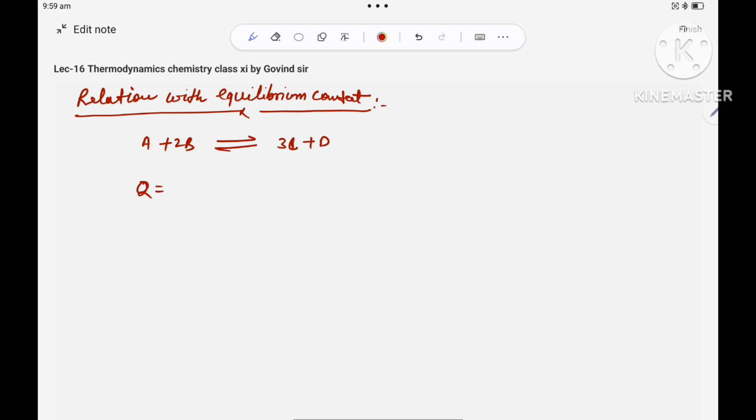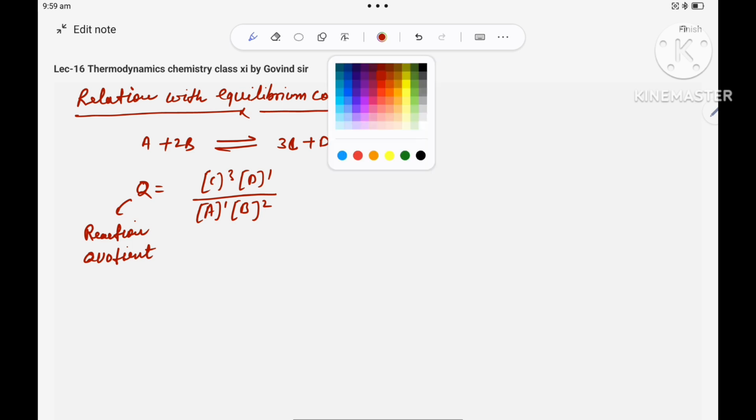Q means what? Q is called reaction quotient. Concentration of C to the power 3, D to the power 1, A to the power 1 and B to the power 2; basically it is the active mass of C, D, A, B. What is the difference between reaction quotient and equilibrium constant, children?